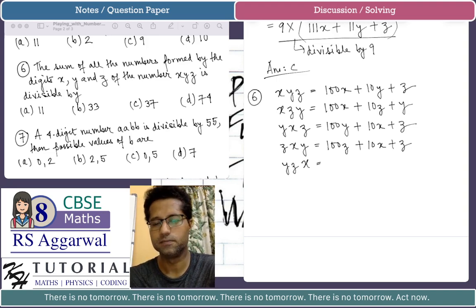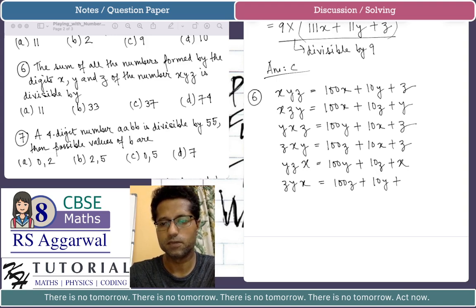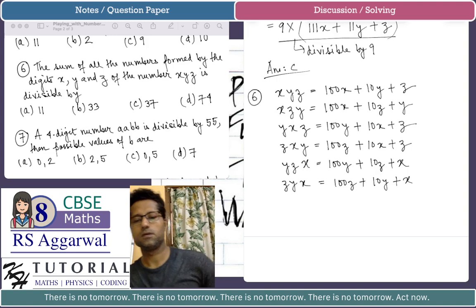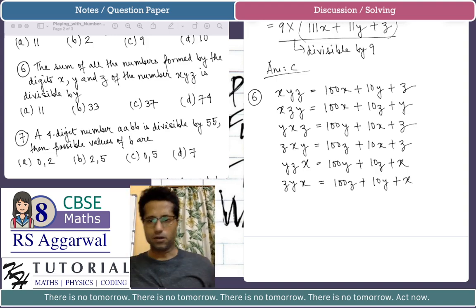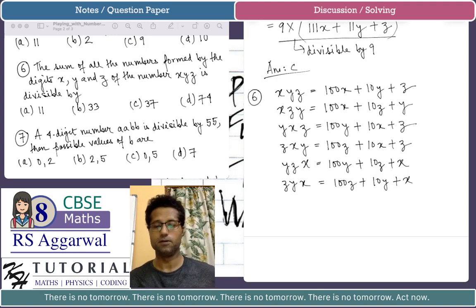Let's say yzx, its general form is 100y plus 10z plus x, and let's interchange y and z. We have zyx, which is equal to 100z plus 10y plus x. I hope these are all the possible 3-digit numbers from the digits x, y, z.